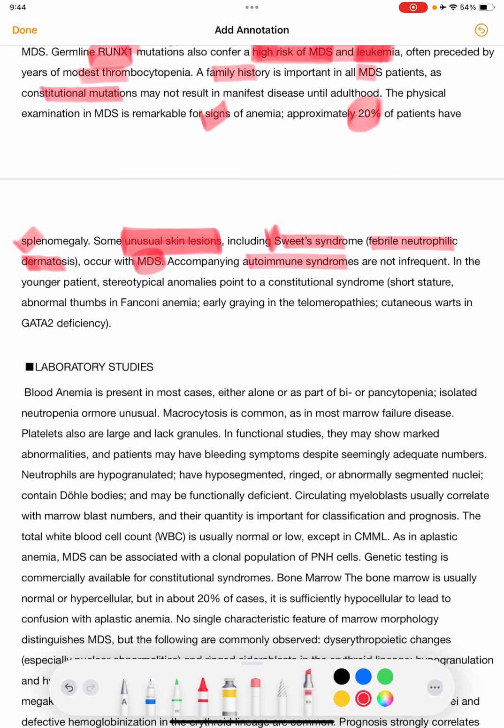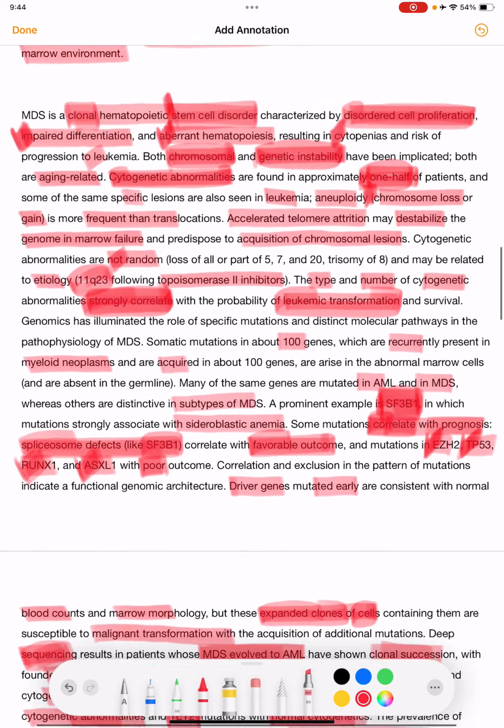These include short stature and abnormal thumbs in Fanconi's anemia, early graying of the hair in telomeropathies, and cutaneous warts in GATA2 deficiency.